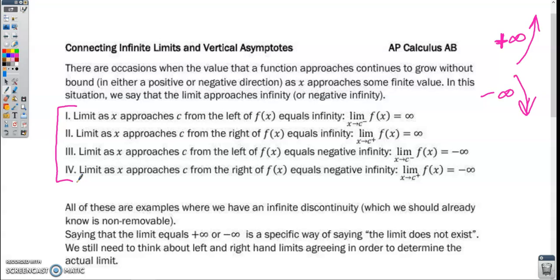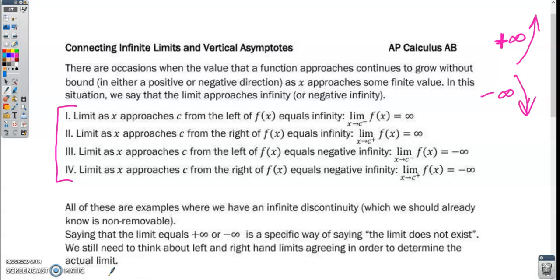Last thing it says here, we still need to think about left and right-hand limits agreeing in order to determine the actual limit. If x is approaching some value c, and it's approaching positive infinity from both the left and the right, then we will say that the limit is positive infinity, the most specific way we can refer to it.